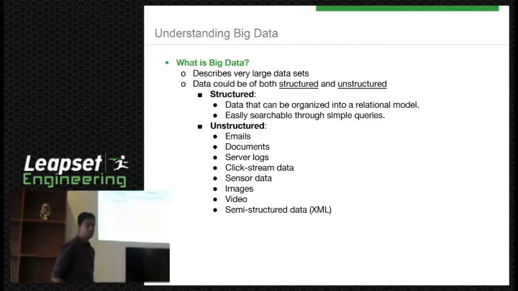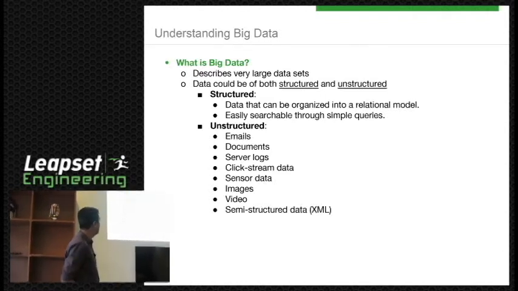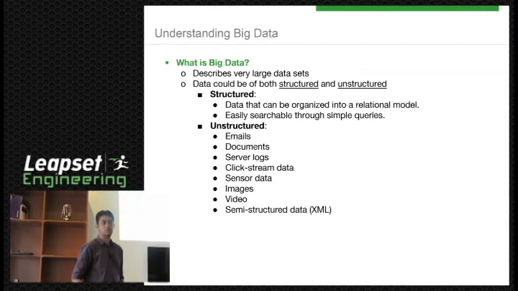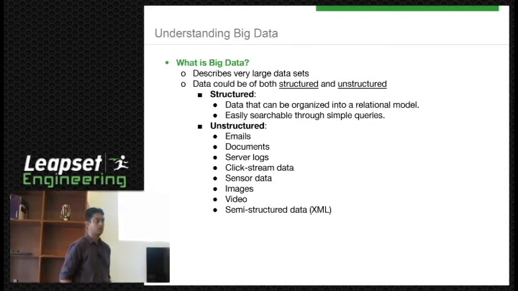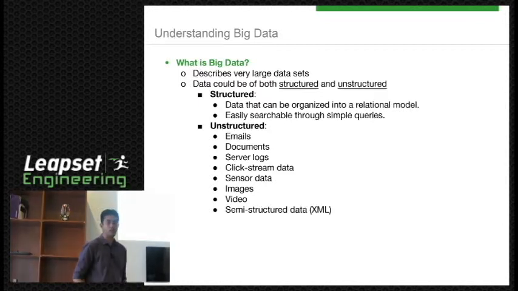So simply put, let's see what is big data. It's all about describing very large sets of data, right? When you say very large sets, we are talking about terabytes, petabytes, exabytes of data. Gigabytes don't count in that, right? So when we talk about large data sets, we are talking about both structured and unstructured data.